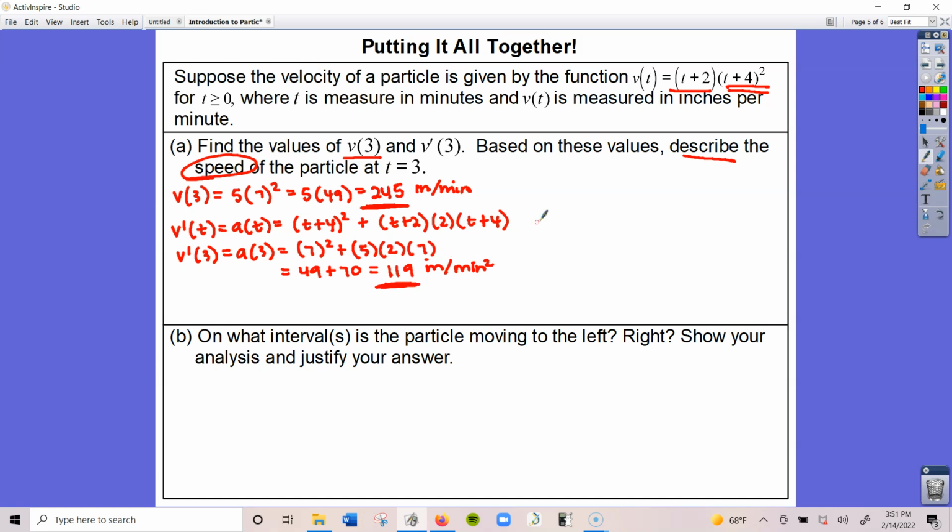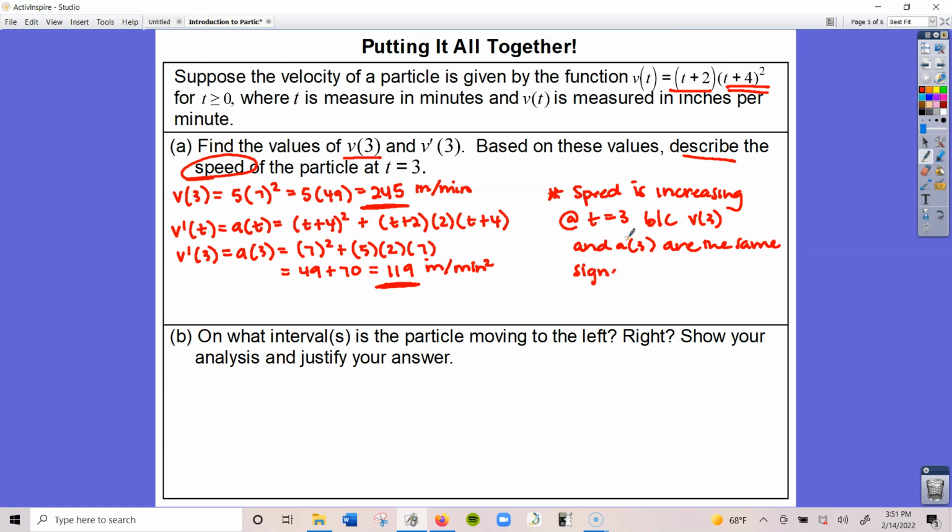Since they are both positive, this means that the speed is increasing at t is equal to 3, and we would of course write out the reason why, which would be because v of 3 and a of 3 are the same sign. If you had gotten that one was positive and one was negative, then that would mean that the speed is decreasing because they're opposite signs.